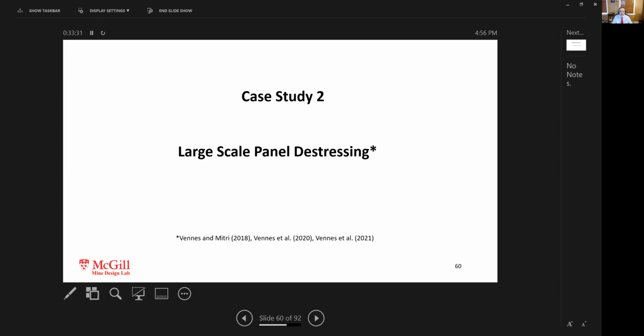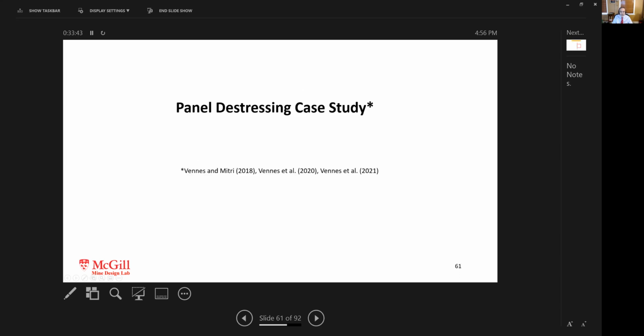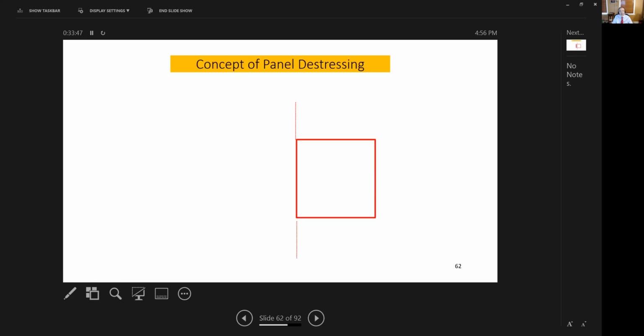The second case study I want to talk to you about today is the large-scale panel distressing, and it's based on 3 papers by Venn during his PhD and postdoc. Before I start the case study, I will just remind you of the concept of panel distressing.